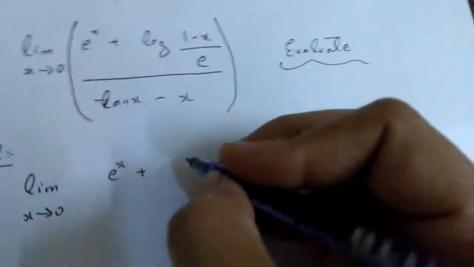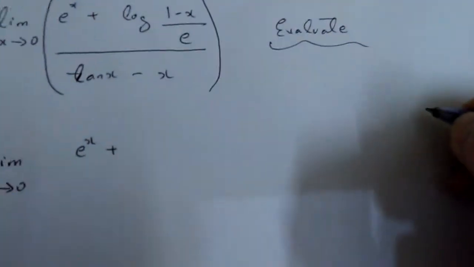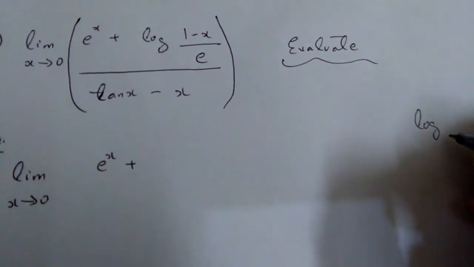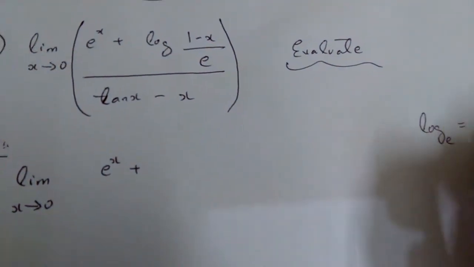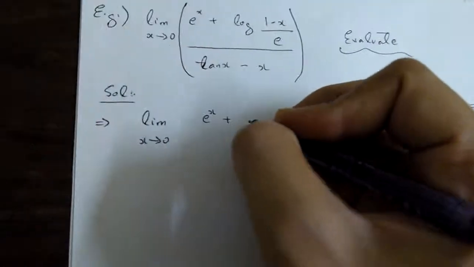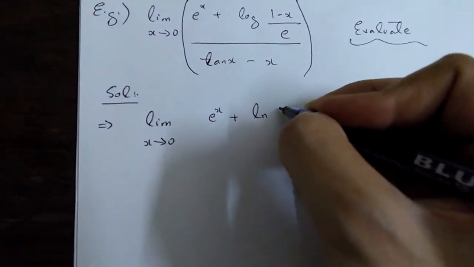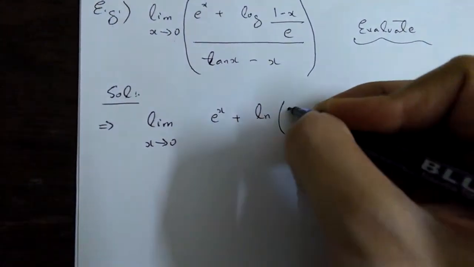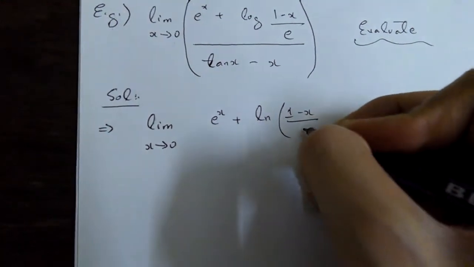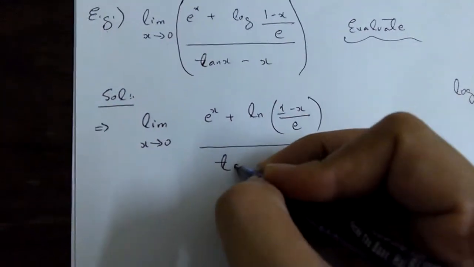You can also replace log of base e by your ln notation or natural log notation. I just say that this is my natural log, and it is going to be written like this.